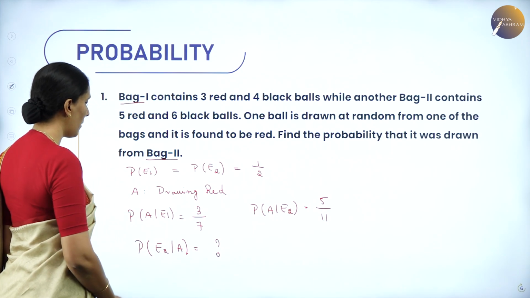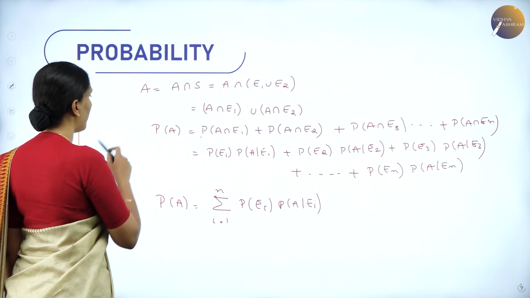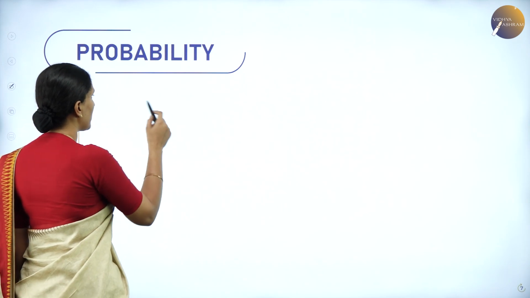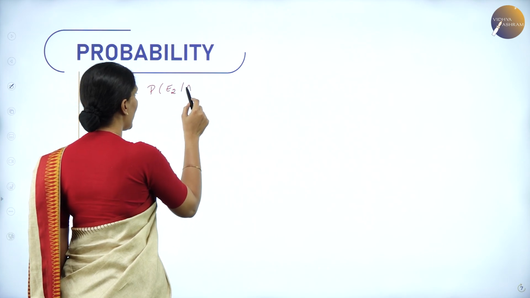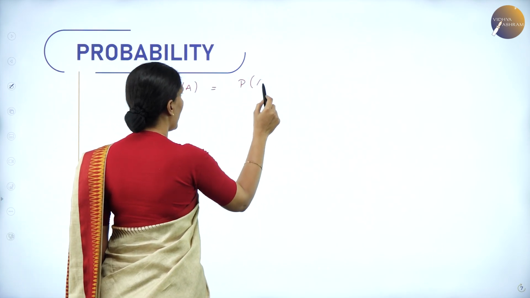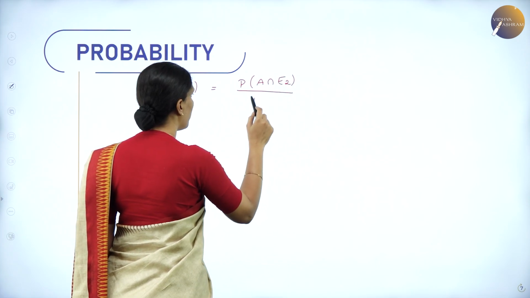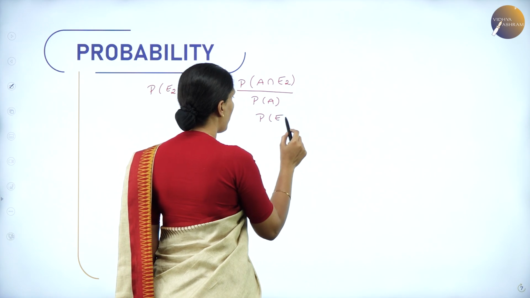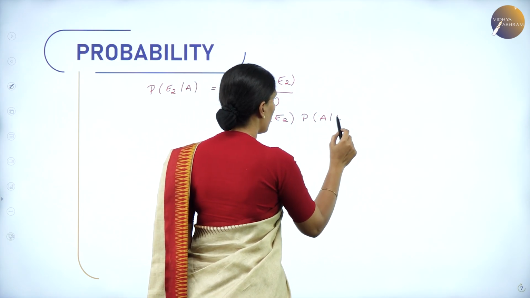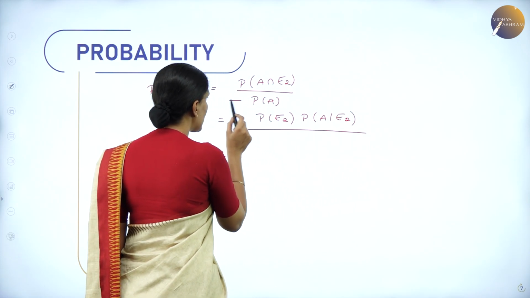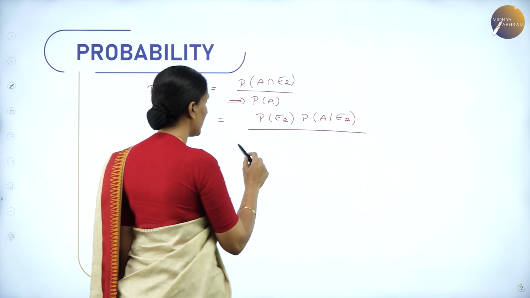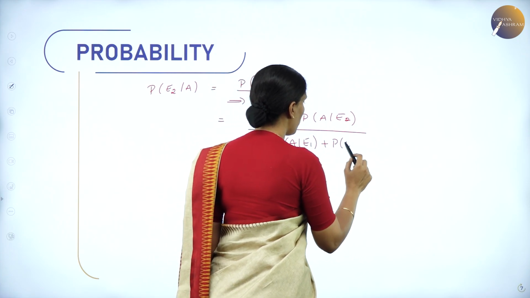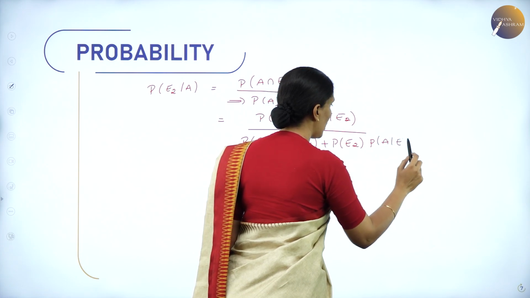So using Bayes theorem, probability of E2 given A is already happened can be written as probability of E2 given A is equal to probability of A intersection E2 divided by probability of A. Again using the multiplication theorem of probability, we can write this as probability of E2, probability of A over E2 whole divided by the sum of total probabilities, that is probability of E1, probability of A conditional E1 plus probability of E2, probability of A conditional E2.